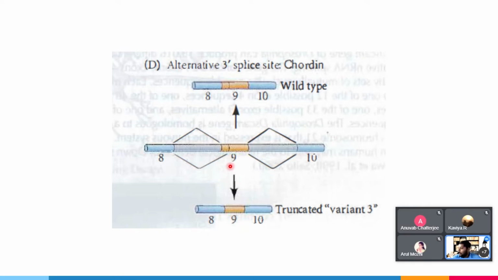So can anyone tell me when can such a thing occur? When can an exon be partially incorporated or partially spliced out? What special or unique character should the exon have? So I would encourage everyone to try if any mutation occurs.